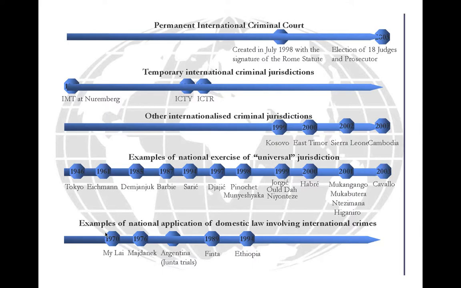Pinochet was traveling in Britain at that time, and they sought cooperation from Britain to send him back. That did not happen, but he was sent back to Chile, where he was tried by Chilean courts for his military dictatorship. Sadly, though, he died before justice was applied, in a way.